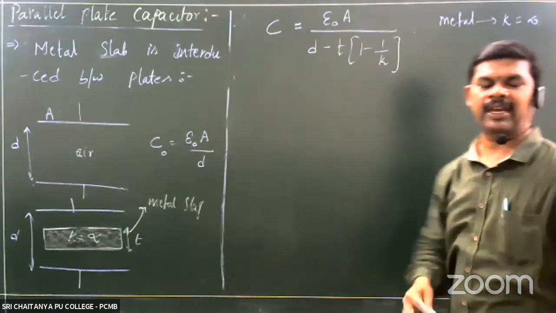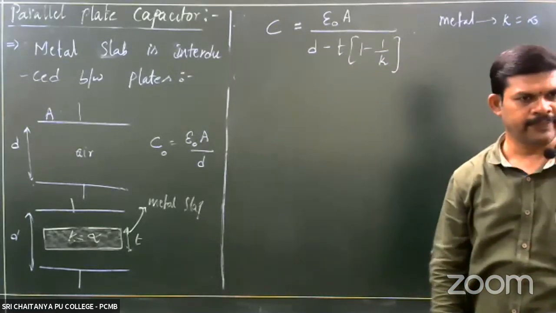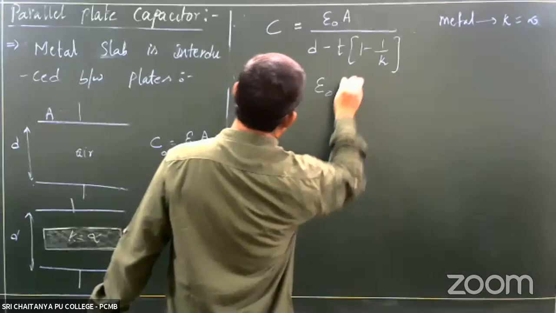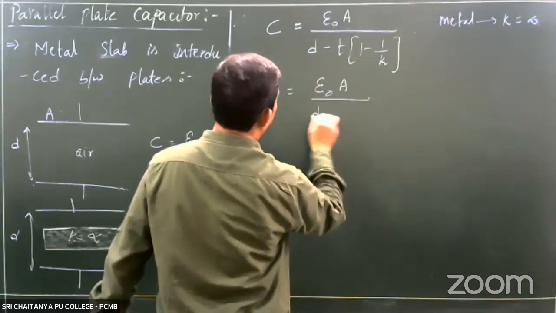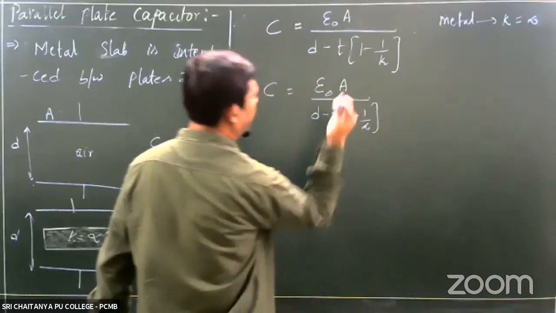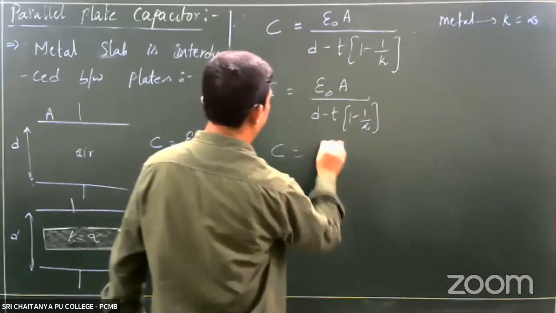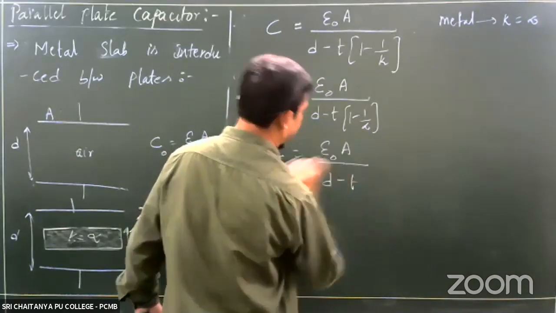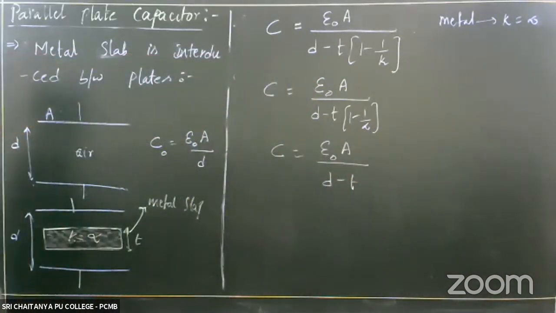In place of K, take infinity. Then C is epsilon naught A by D minus T into 1 minus 1 by infinity. 1 by infinity is 0. Then C is epsilon naught A by D minus T. That's it.